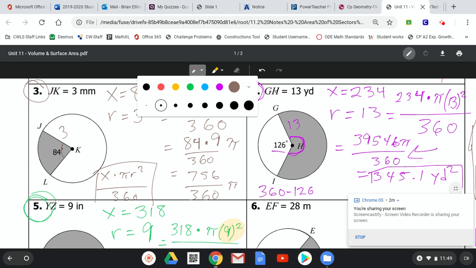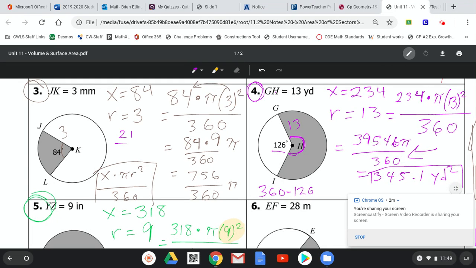I'm changing colors here for the final answer. That is going to give us a final answer of 21 over 10, and then we leave pi out there. So if you're doing a problem on MathXL, that's how it's going to ask for the answer. It's not going to ask, if we simplify it down, for 6.6. What it's looking for is 21 over 10 times pi.